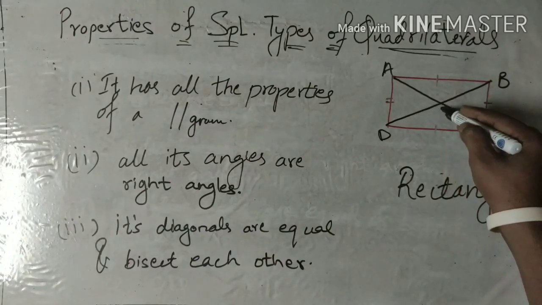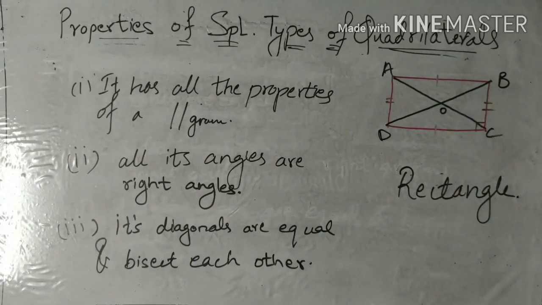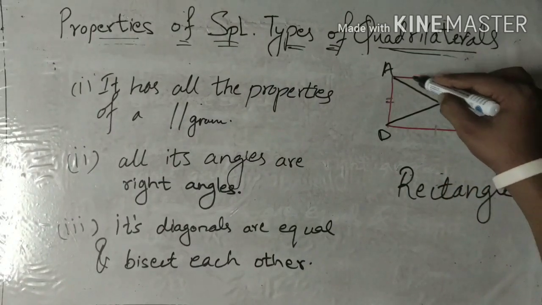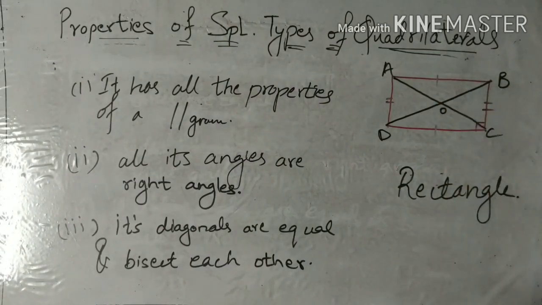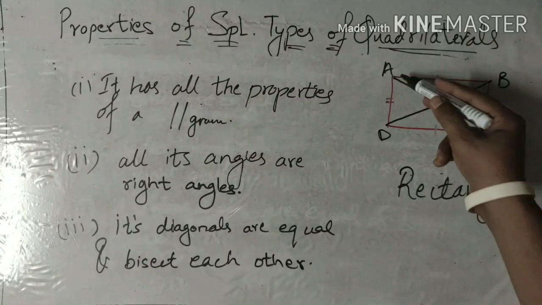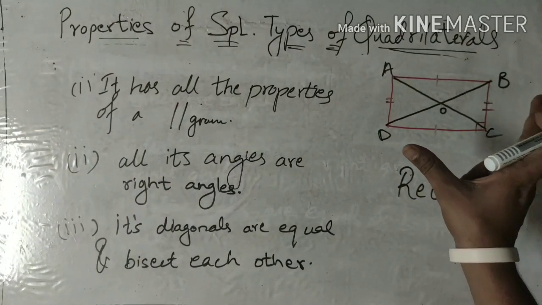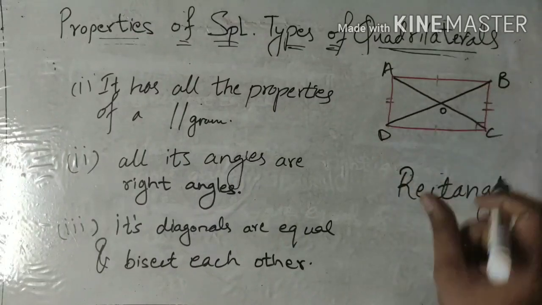That means if the intersection point is O, DO will be equal to OB, AO will be equal to OC. Also AC and BD, the whole length of the diagonal, they both are equal.